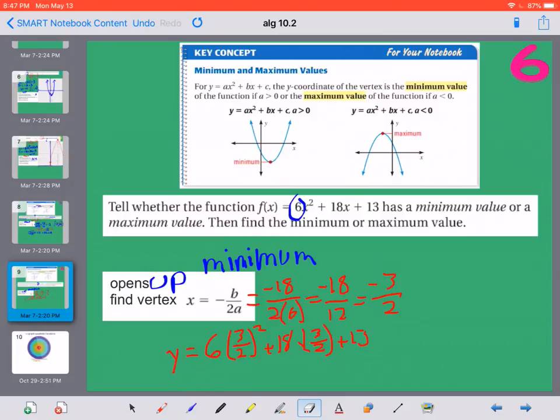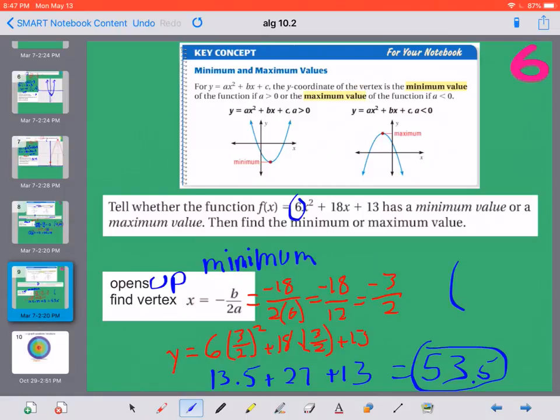So we get 13.5 plus 18 times 1.5, which gives us 27 plus 13. 27 plus 13 is 40. Plus 13.5 is going to be 53.5. So that minimum value is going to be 53.5, and our coordinate is going to be -1.5 and 53.5.